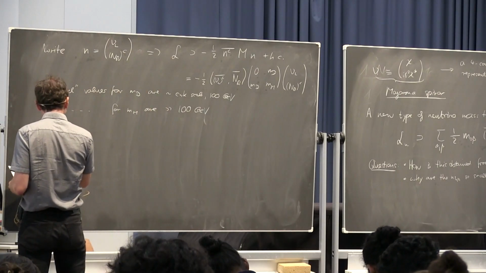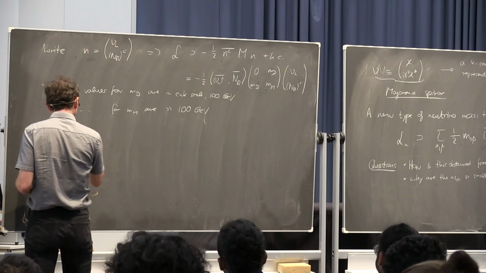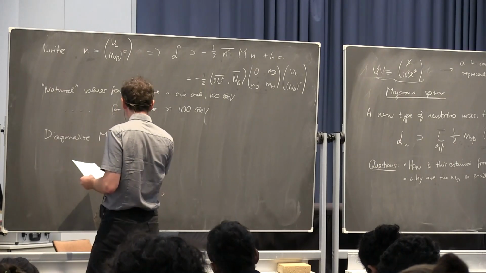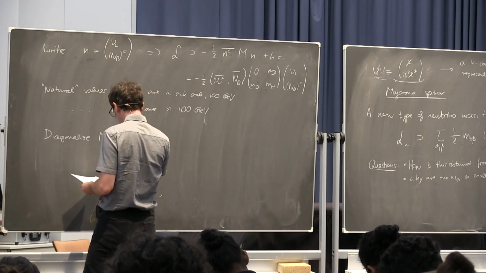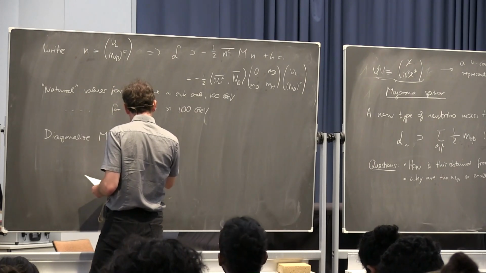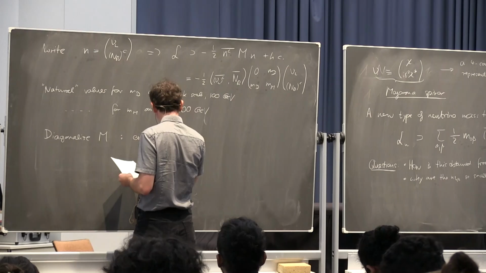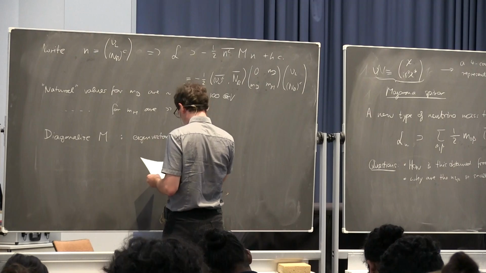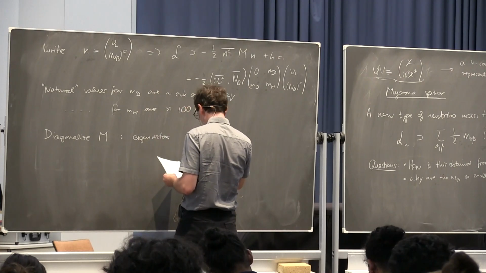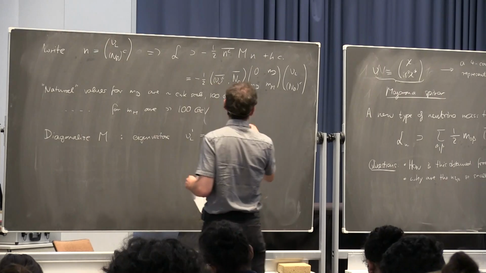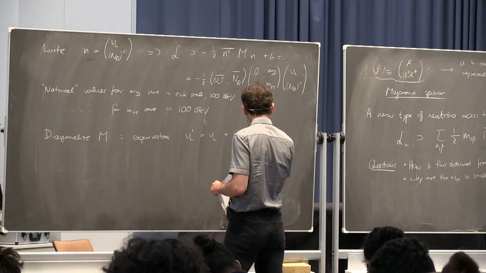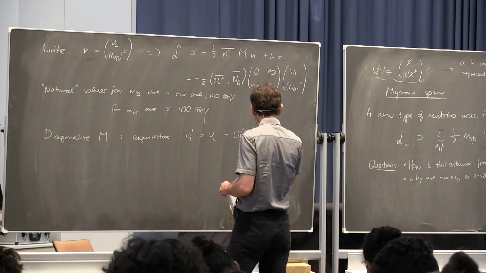And that means that the diagonalization of this matrix M can in principle be done perturbatively, with the result being that the eigenvectors, so the eigenstates, are a state nu left prime, which is basically identical to nu left plus corrections of order MD over MM times nu right charge conjugate.